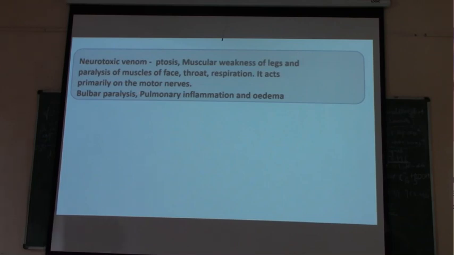We are talking of a snake. Which snake did you study in your medicine which can cause bulbar paralysis? Naja. One more, Bothrops. And there is pulmonary inflammation and then there is edema. This is all what a neurotoxin is capable of causing.